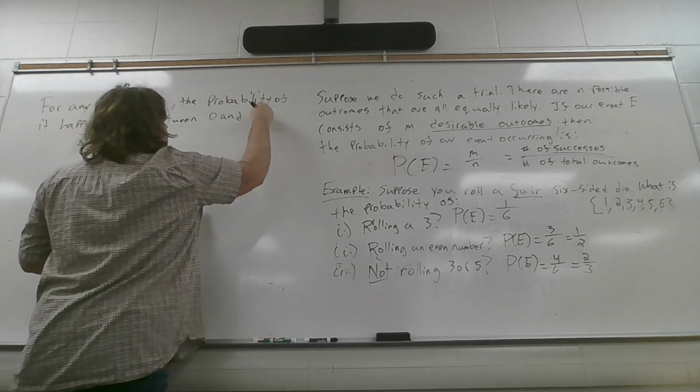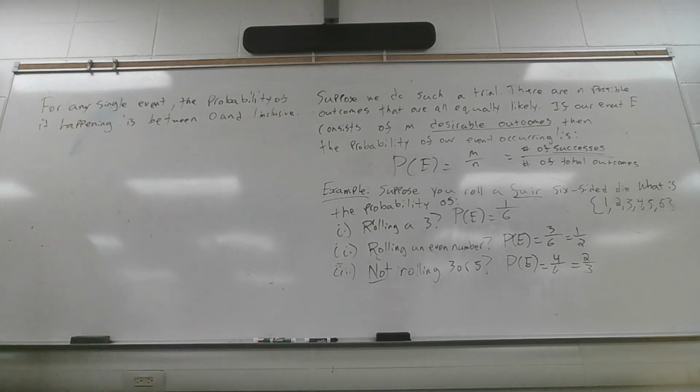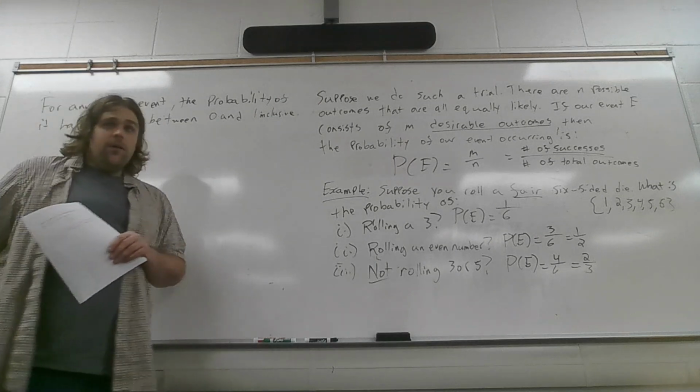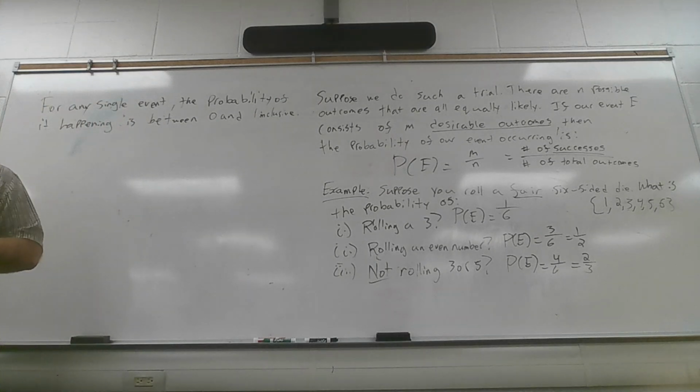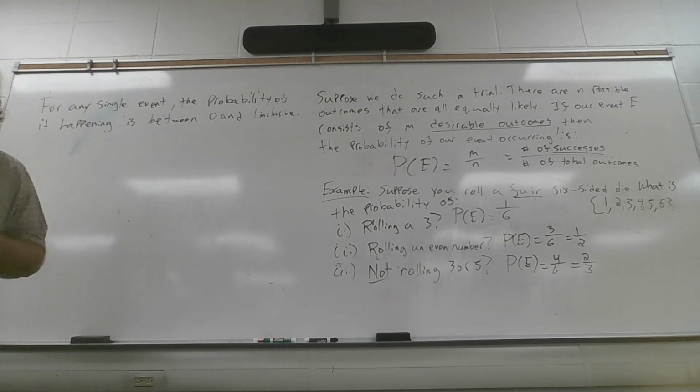So that means it includes 0 and 1. So you could have a probability of 0, you could have a probability of 1. 0 is not the same thing as close to 0. 1 is not the same thing as close to 1.